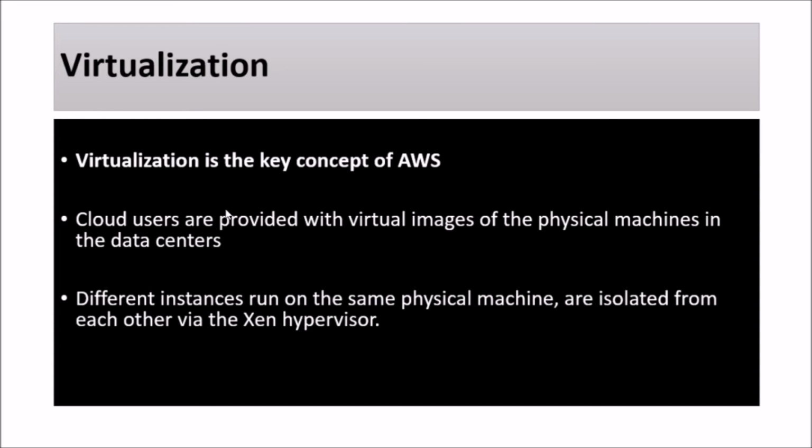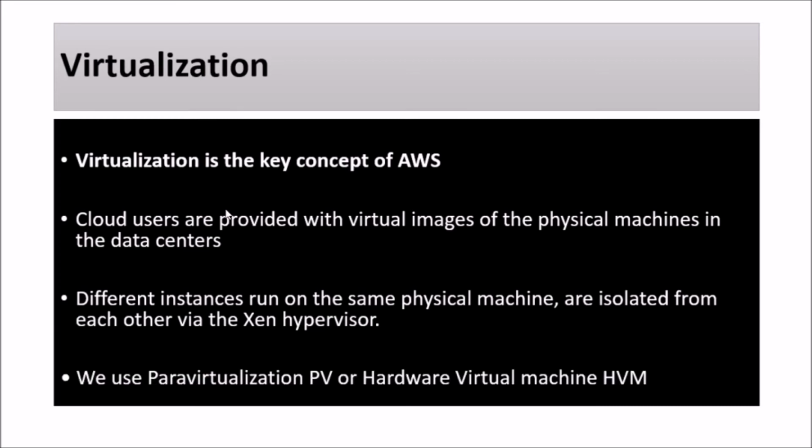Different instances run on the same physical machine and are isolated from each other via the Xen hypervisor. We use paravirtualization (PV) or hardware virtual machine (HVM). In the past, paravirtualization was more famous, but nowadays HVM is more advanced and more in use.